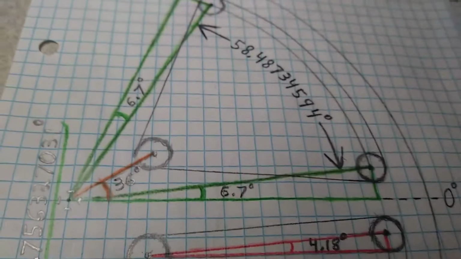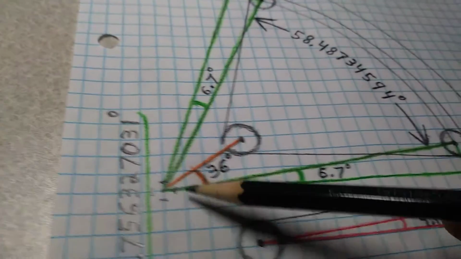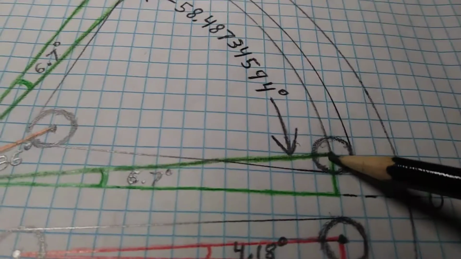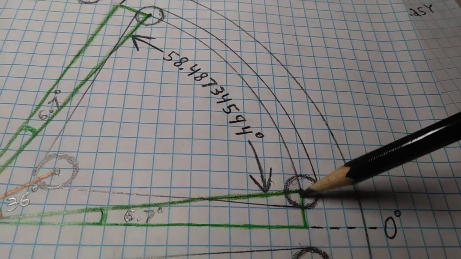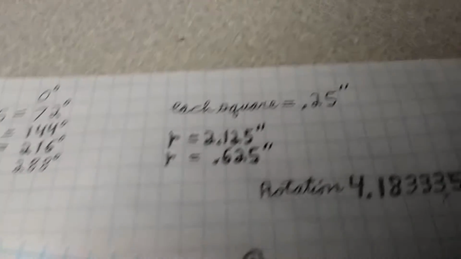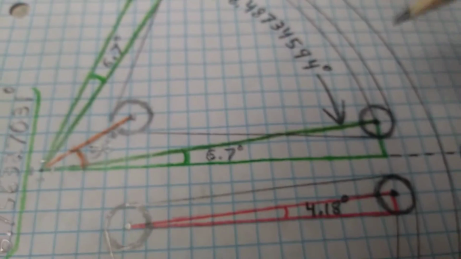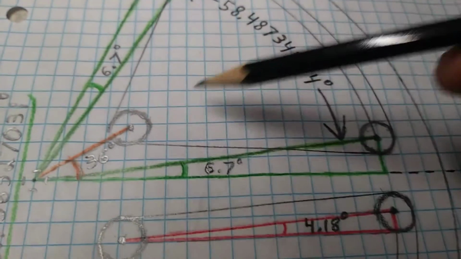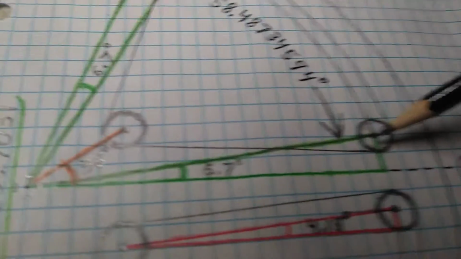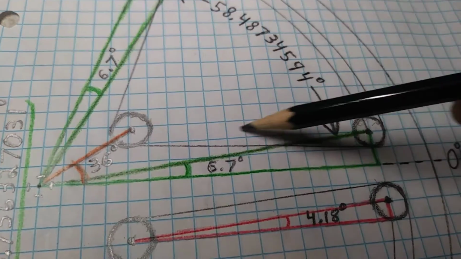Okay, so we know the length from the origin here all the way out to there, and we know this radius, and that was 2.125 inches, and we know this angle. So now with this one, we're going to rotate counterclockwise to align this tool path from there to there.